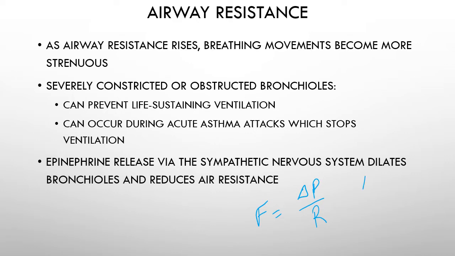So this may be just simply 1 millimeter of mercury pressure over the amount of resistance that's in the airways themselves. That resistance is going to be similar to what we had in blood vessels as well, where we can change the diameter of the airways. And so if we have more constriction that's there, that's going to lead to an increase in friction, an increase in resistance in the airways themselves.